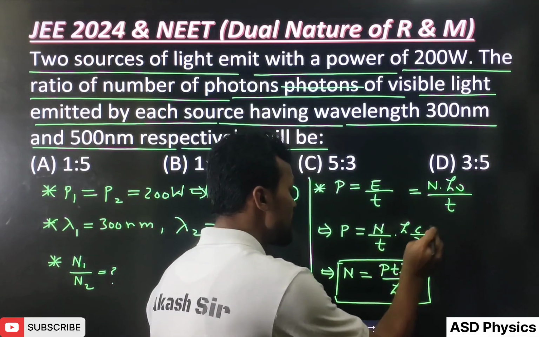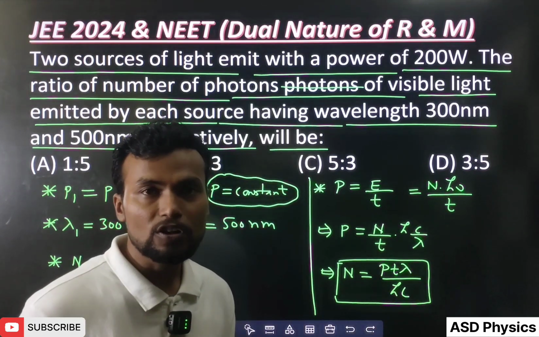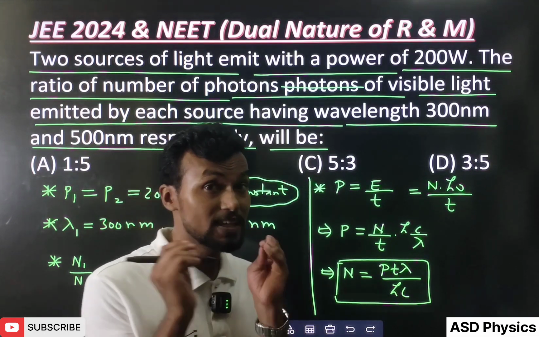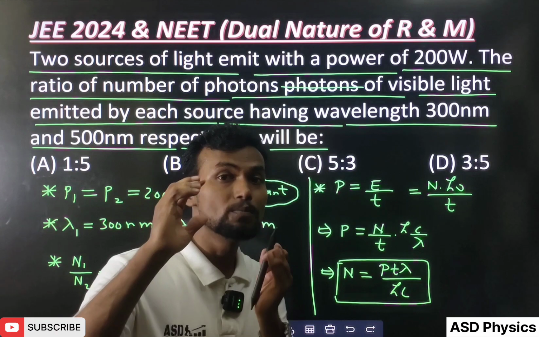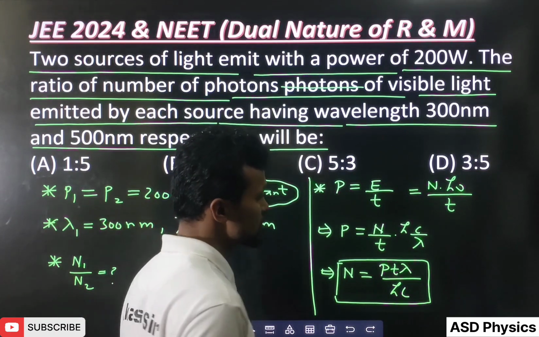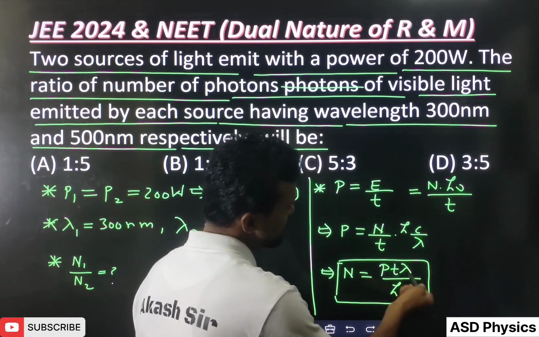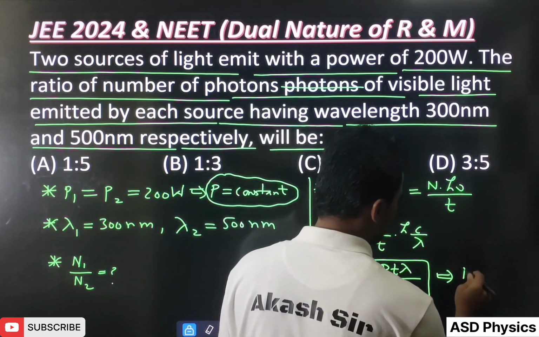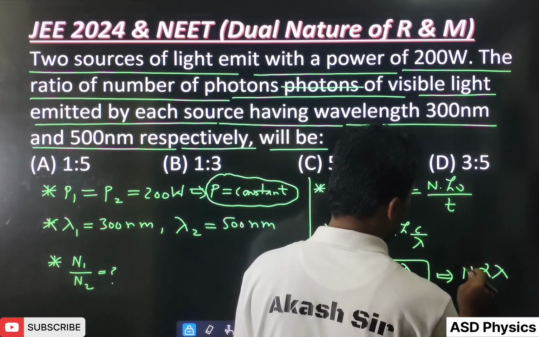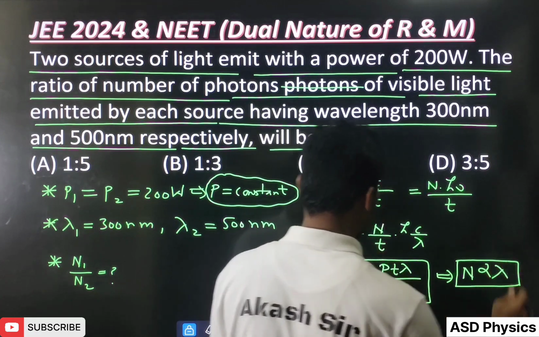What things are constant? Power is constant. Time they have not mentioned, so let's take that they are talking about the same time for source 1 and source 2. So time is also constant, h is constant because it is Planck's constant, and c is the speed of light, which is also constant. That means the number of photons in a given time is directly proportional to lambda.